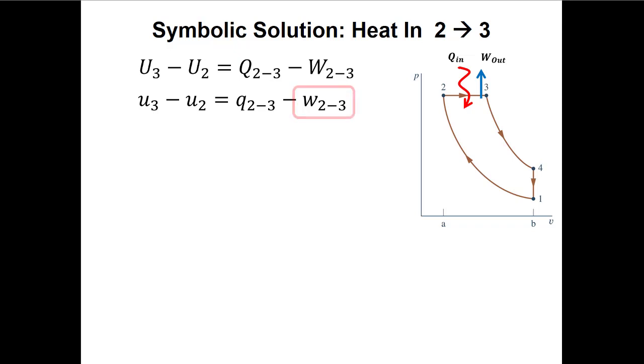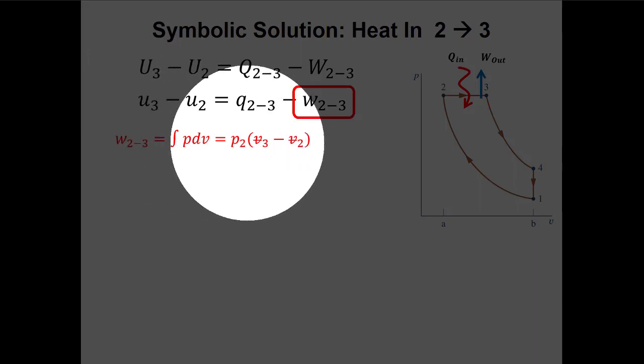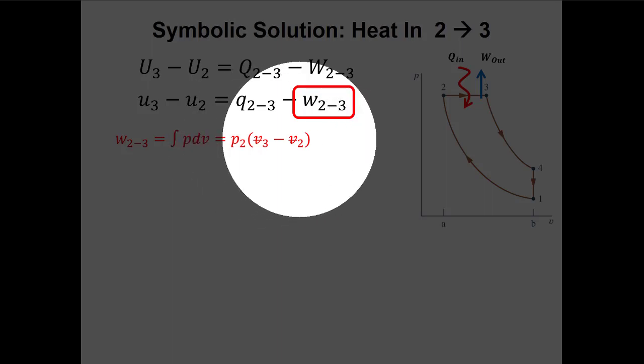That means there's going to be work involved in this process. How do I find the work? I take the integral of P dV. But this pressure is constant, so I can pull it out of my integral. That's how I move from here to here. And then the integral of dV from state 2 to state 3 is just going to be V3 minus V2.